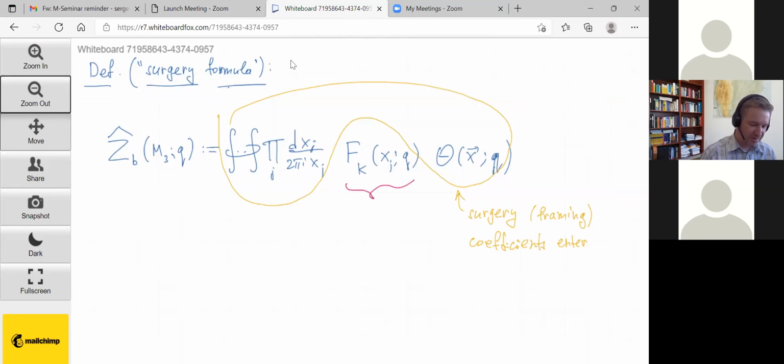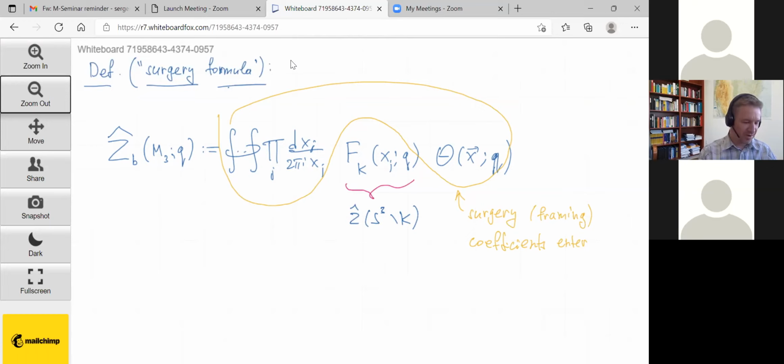So this encodes information about the link and is basically the invariant for S3 minus K. And once we close up all the toral boundaries on a link complement, that's precisely this operation of integration with a theta function.